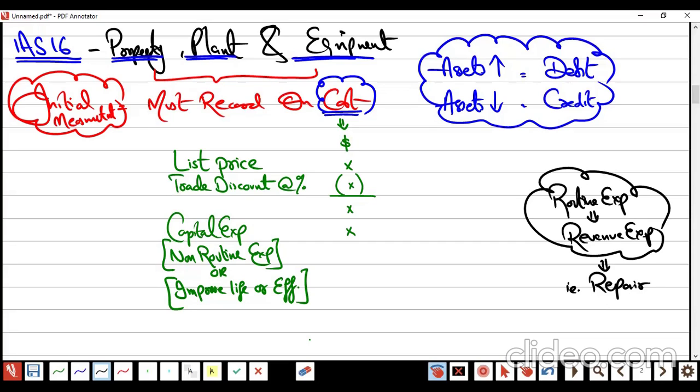And revenue expenses are not capital expenses, and will not become part of the cost of the asset. Why? Because revenue expenses are going to be charged to profit and loss. In SOCI, under the heading of other expenses, we will write revenue expenses.